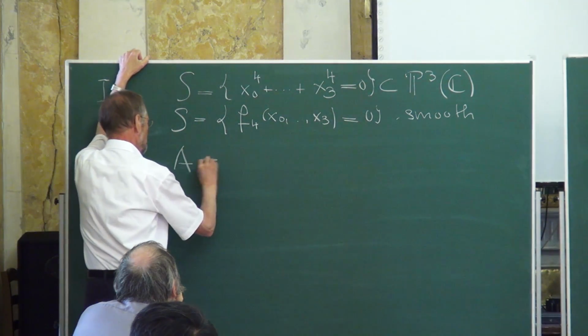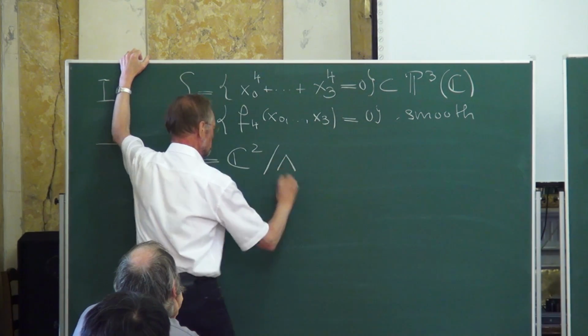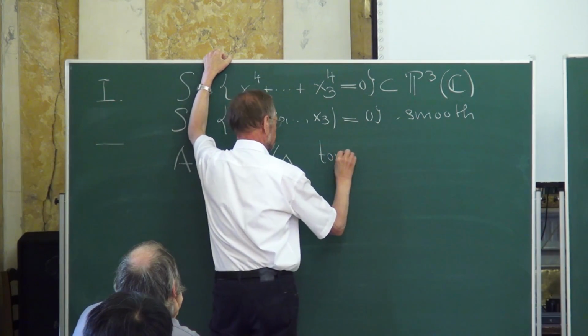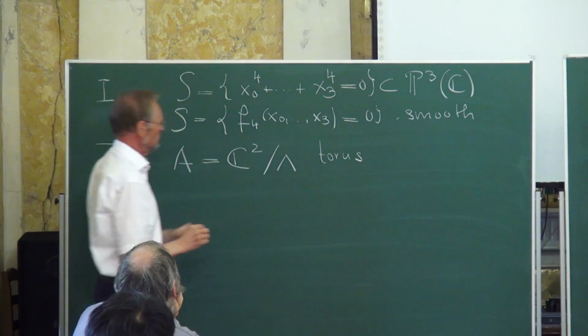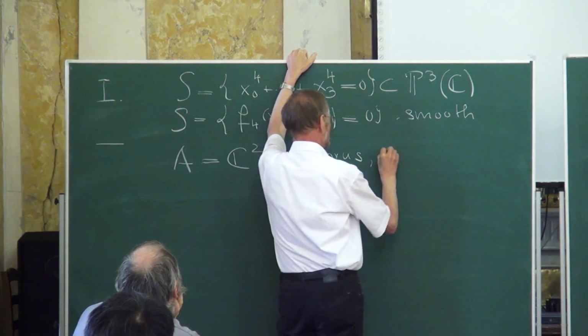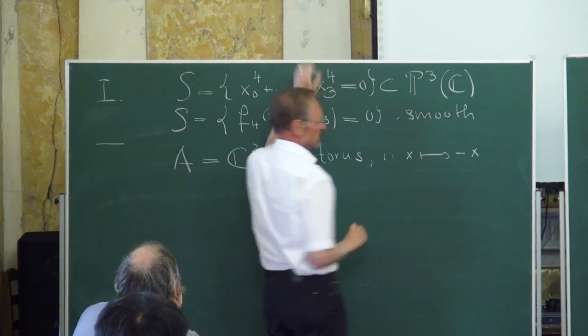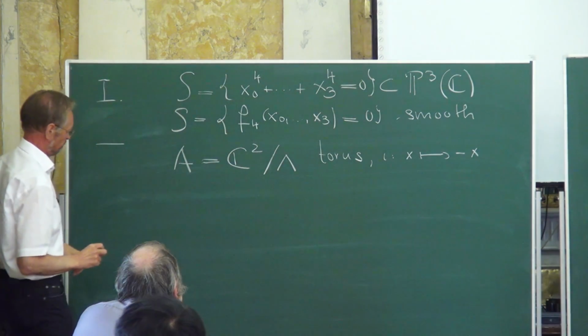So we could start with a complex two-dimensional torus. So C² by a lattice, and then any such torus has an involution which sends x to minus x.